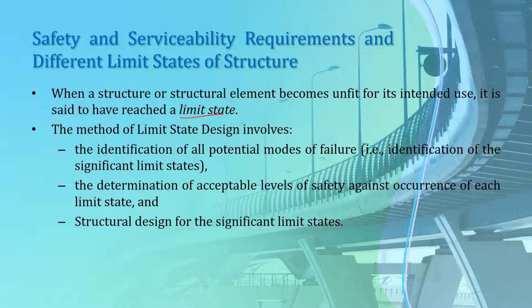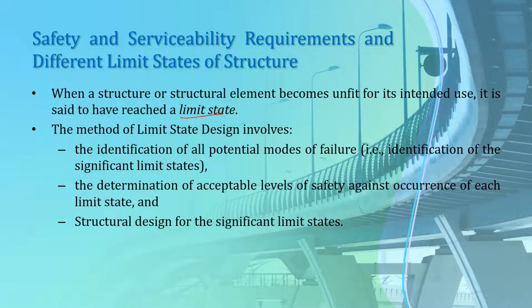For example, if we are talking about the deflection of a beam and we say that the deflection parameter has reached the limit state, that means the allowable value of deflection is now exceeded by the actual value of deflection. That means we have reached an impending state of failure. We have reached a limit state.